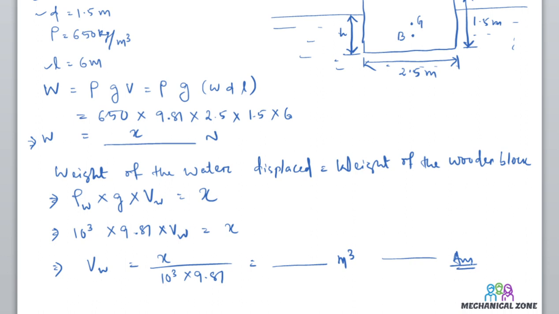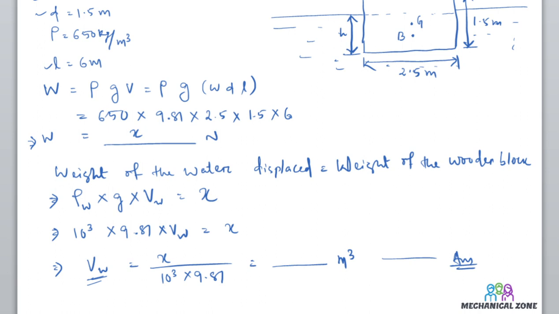Then, what is the position of center of buoyancy? In order to calculate the position of center of buoyancy, you need to calculate the value of H. We got the value of volume of water that is displaced. So, your volume of water displaced will be equal to the volume of wooden block which is inside the water.